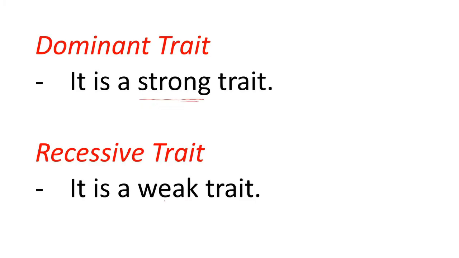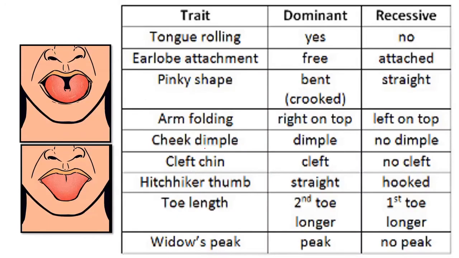Okay, so this dominant trait and recessive trait is not only for plants but also for humans. So I have here a short list of different dominant and recessive traits. Let's have our first example, tongue rolling.